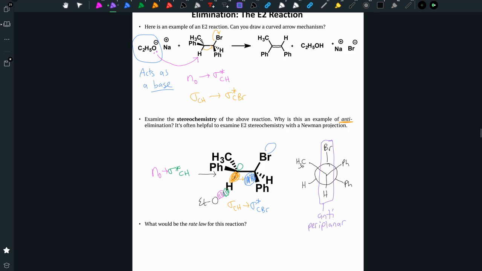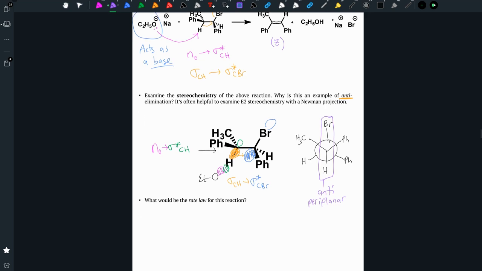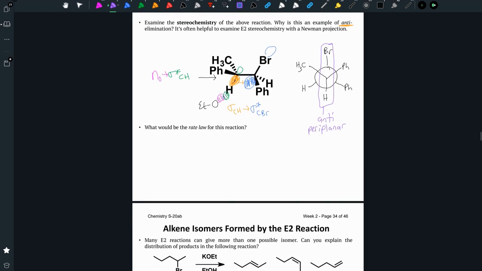And then the methyl and the hydrogen will end up next to each other. So when I use this starting material, I will always make this product, which is in this case the Z product. If I started with a different stereochemistry in the starting material, then I could make the E product. But in this case, I'm only going to make the Z product.